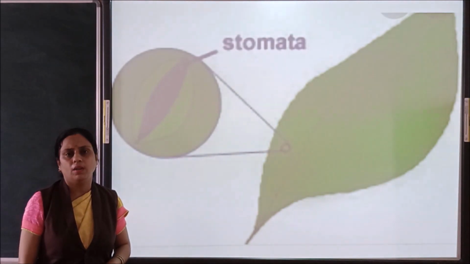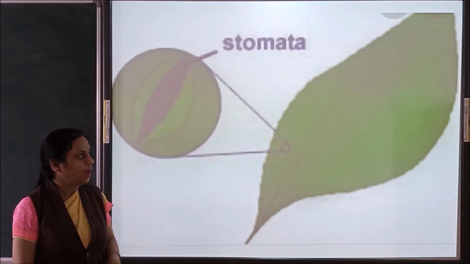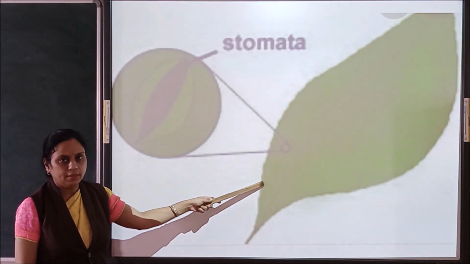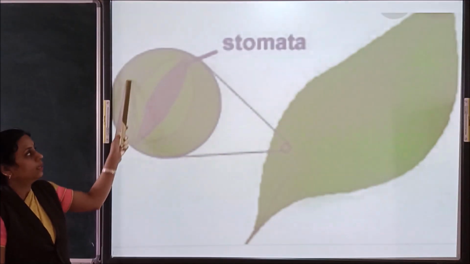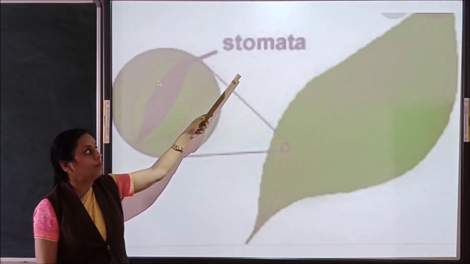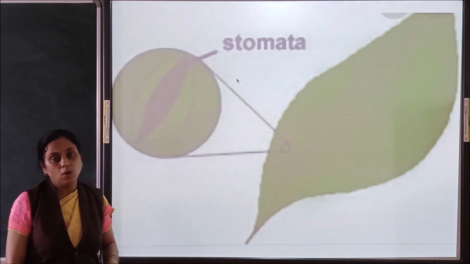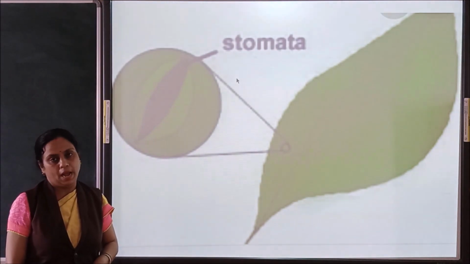They are too small, which we can't see with the naked eyes. Now see, this is the leaf, and when we see it under the microscope, you will see this is the structure of stomata. And you all know, stomata are the breathing organs of the plant.